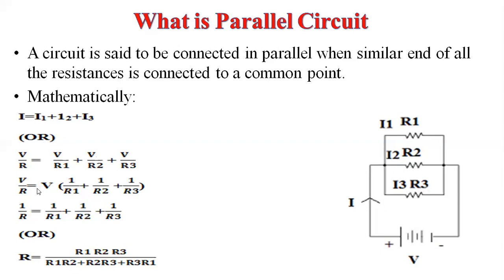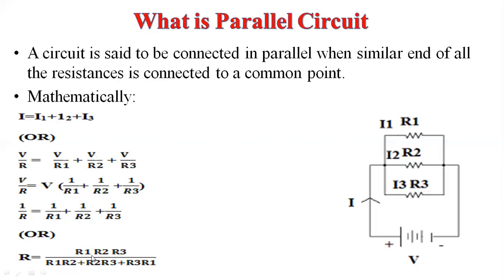Okay, so taking V common on both sides, we may write 1 upon R is equal to 1 upon R1 plus 1 upon R2 plus 1 upon R3. Or we may write this equation as R is equal to R1 R2 R3 divided by R1 R2 plus R2 R3 plus R3 R1.